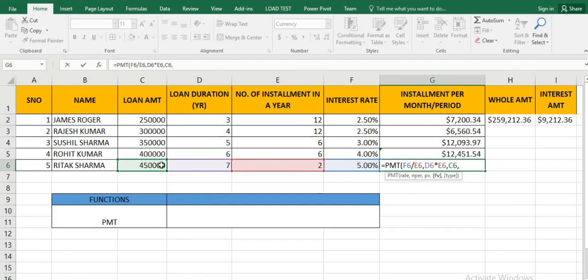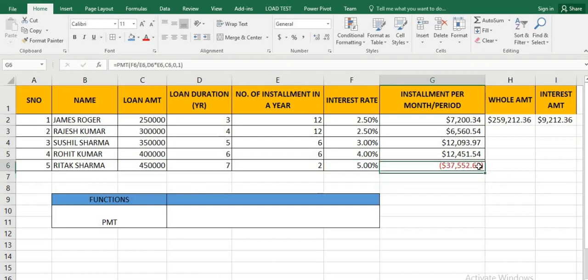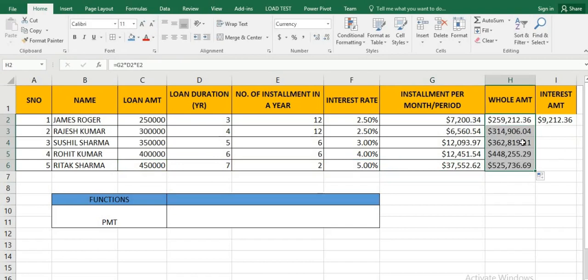After that, what will the future value be? 0. And I paid at the start of the period, so 1. So I have to use minus after the equal to. Okay, then I will drag it down here, so it will show the actual amount that we paid.